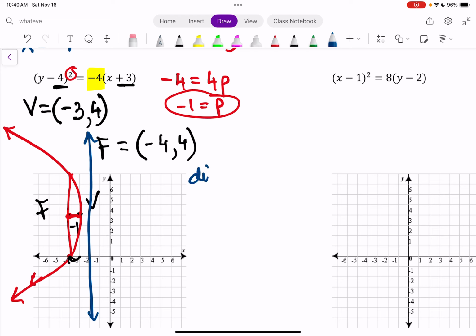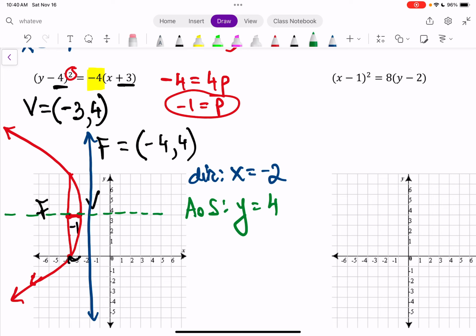And as you see, the directrix is a vertical line again, and that's at x equals -2. And the axis of symmetry is the line that goes halfway through the parabola. And as you see, it's a horizontal line, so therefore y equals 2, and that would be 4. Done.